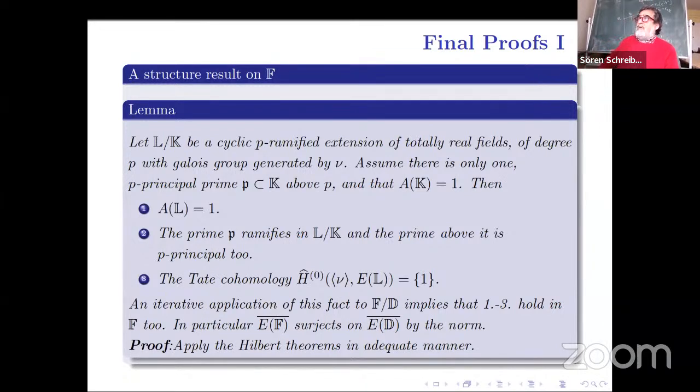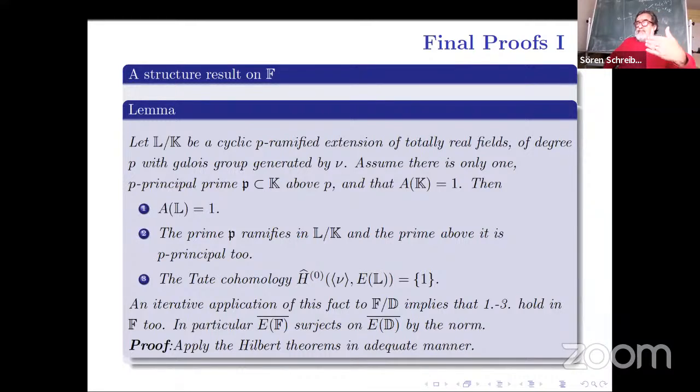Last preparatory lemma, which will be applied by iteration. L over K is a p-ramified extension of totally real fields of degree p, so as simple as possible. The Galois group is generated by mu, and I assume there is only one p-principal prime P in K above p. And in addition, the p part of the class group, A of K, is 1.